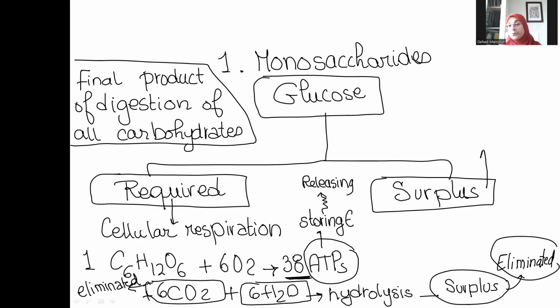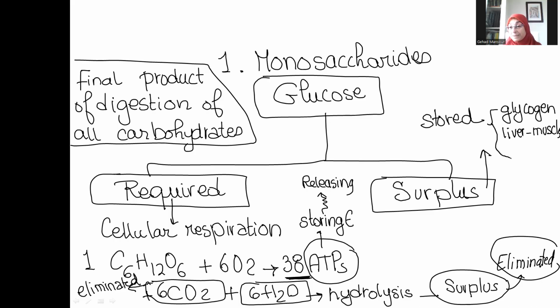What about the surplus of glucose? The surplus of glucose will be stored in the human body. Firstly, it will be stored as glycogen, as you know, and storage of glycogen occurs in the liver and in the muscles.